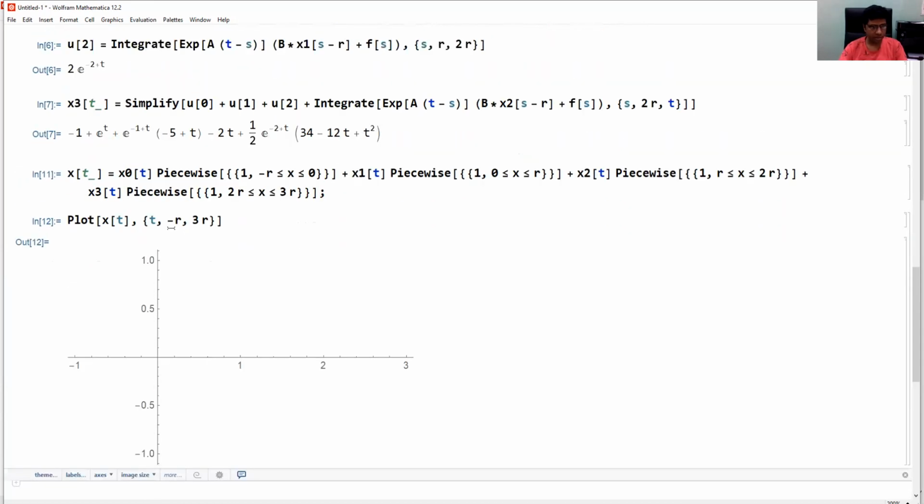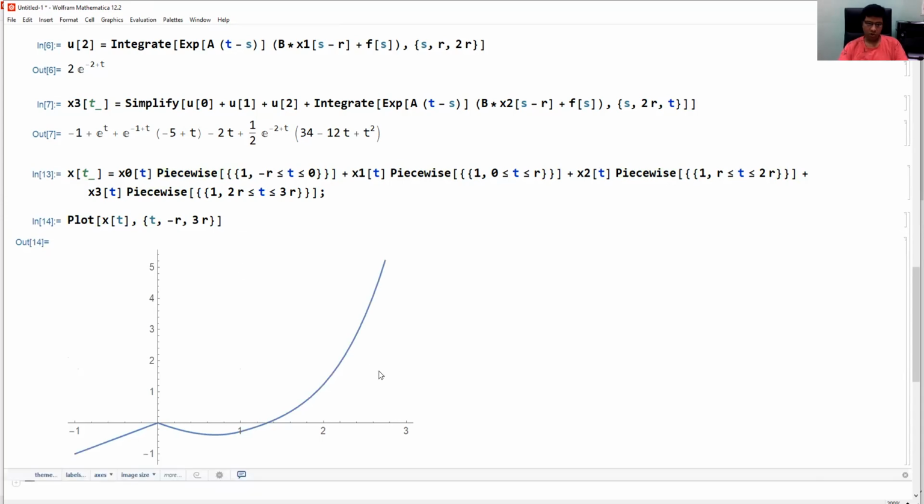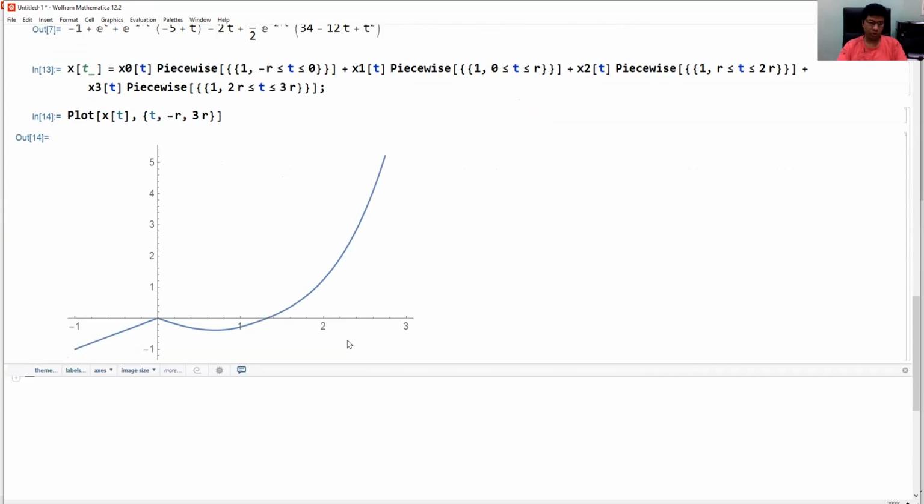Sorry, the interval variable should be t. There is a mistake: I am taking x. This should be replaced by t. Then we will get the required answer. Okay, fine. So this is the required solution.